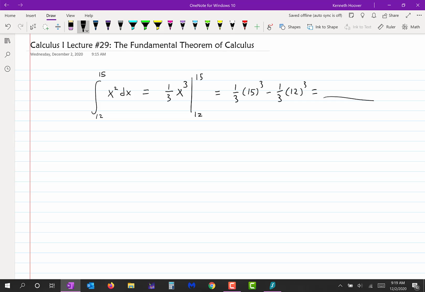Okay, so the last thing that we need to do is I need to explain to you why this works. Okay, I need to explain to you why does this equal this?